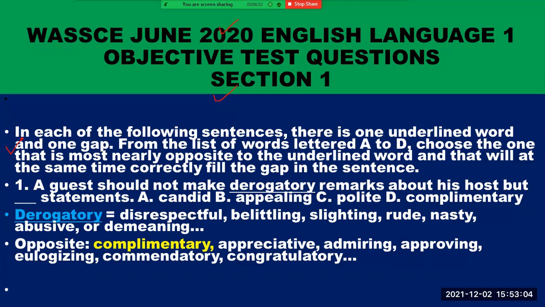So you can see here, all right? Now you are looking for a word that is nearly opposite to the underlined word, and the word underlined here is derogatory, right? So you can see it here. Again, here you can see that you are looking for words nearly opposite to the underlined word. Take note of all these because we are going to see them reoccur in the year 2019 and also in the year 2018.